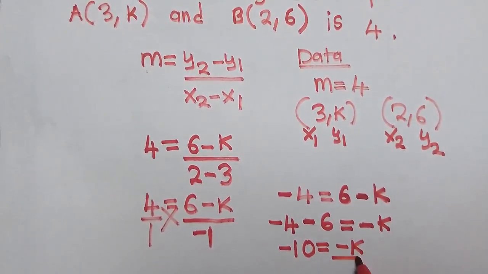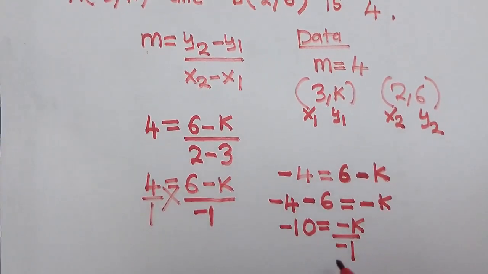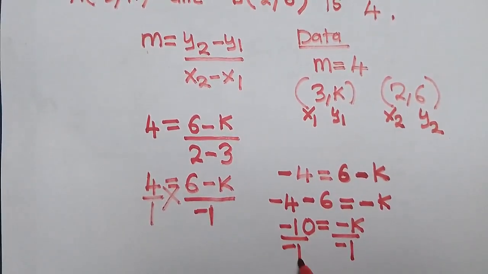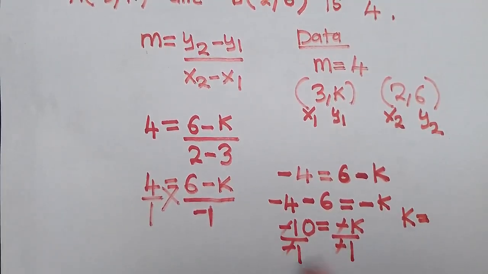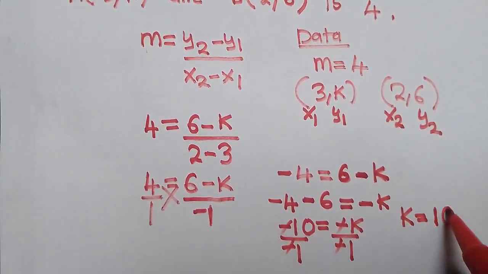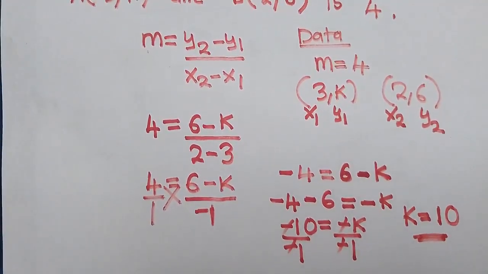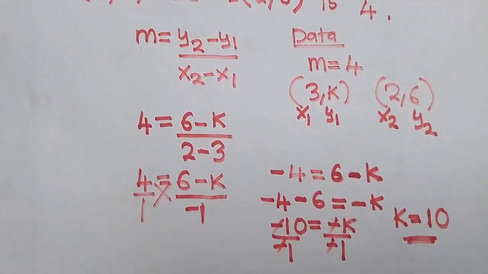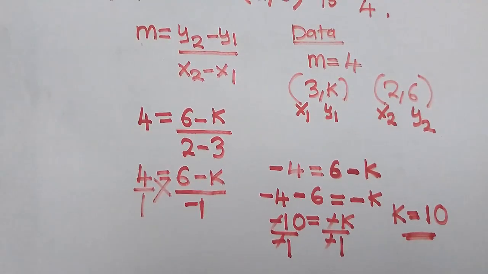You divide both sides by negative 1 so that you cancel that negative which is attached to a k. Negative, negative cancelled. You say k now is equal to, what is negative, negative cancelled? You've got a 10. So this is the value of k, which is 10.